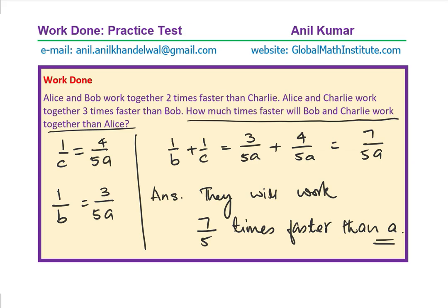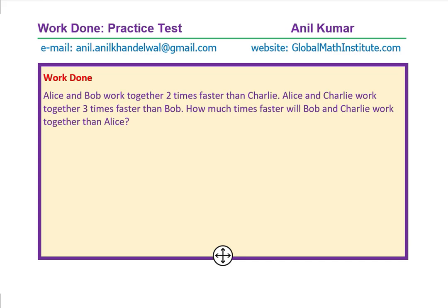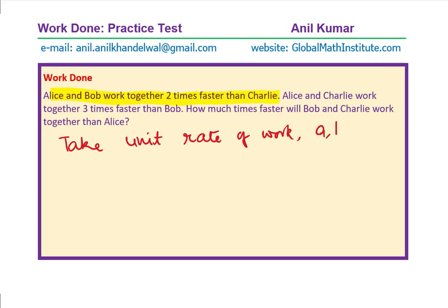Perfect. So once again, let us look into the summary of this solution. Writing equations: Alice and Bob work together 2 times faster than Charlie. So we normally take unitaries, which in this case is A, B, and C, right? So A, B, and C is the total work done.